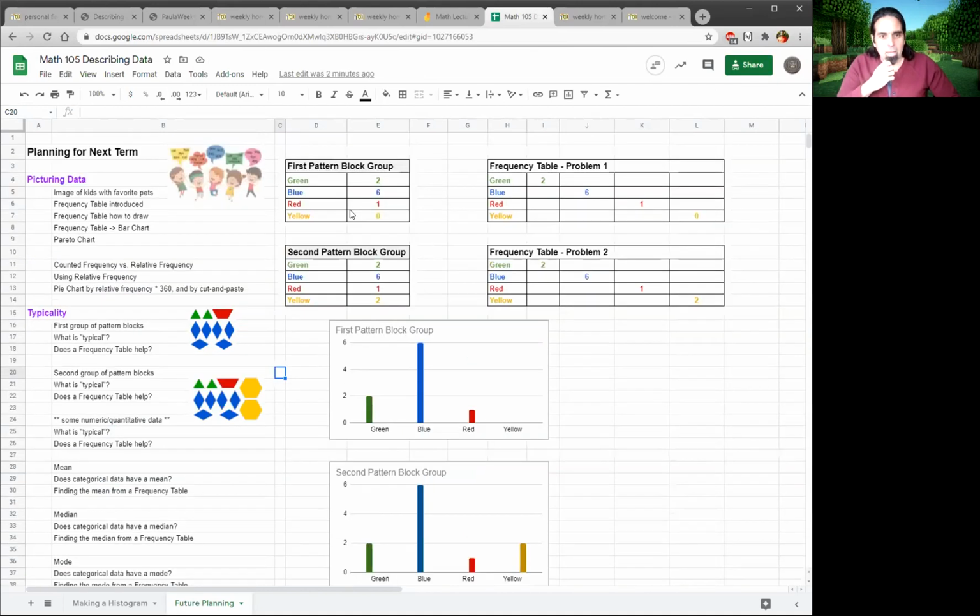When I make the pattern blocks, now we're looking over here into frequency tables, it doesn't really help, right? This frequency table on the screen isn't any more clear than that picture.